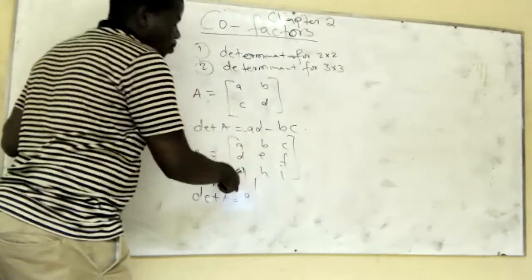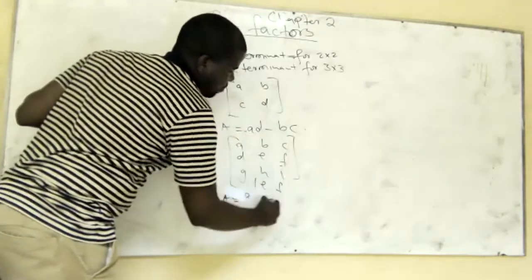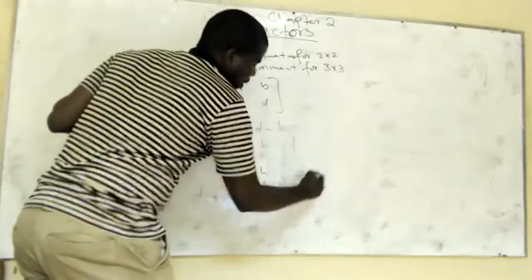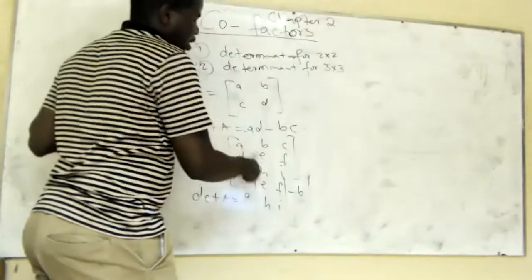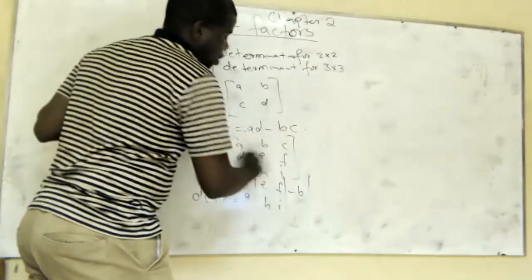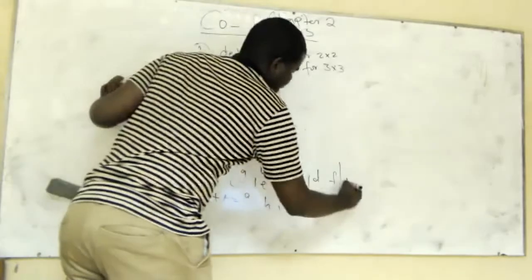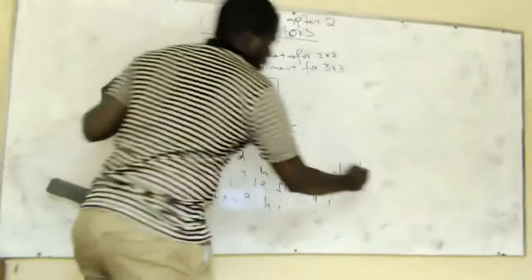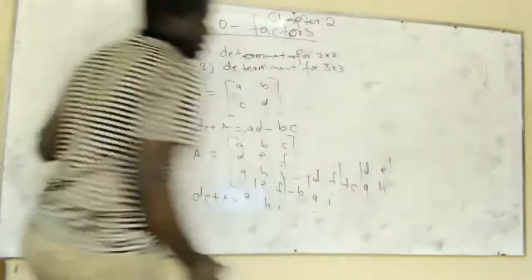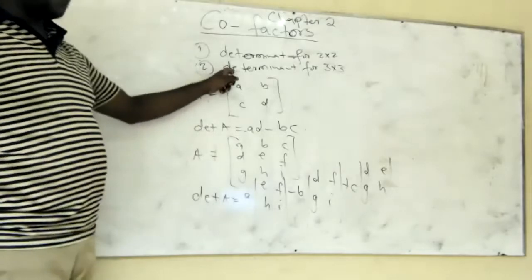It's going to hold all the components on the first row and the first column, and you will be left with E, F, H, I. And then on the second one, it must be minus B. It's going to hold the first row and the second column, and then it's going to be D, F, and then G, I. And then the last one is C, and then we have D, E, and then G, H. So that is how we're supposed to calculate the determinant of a matrix of 3 by 3.